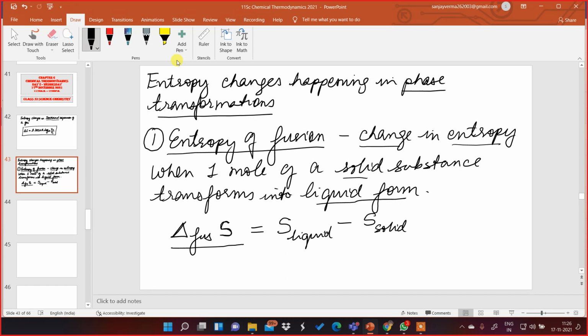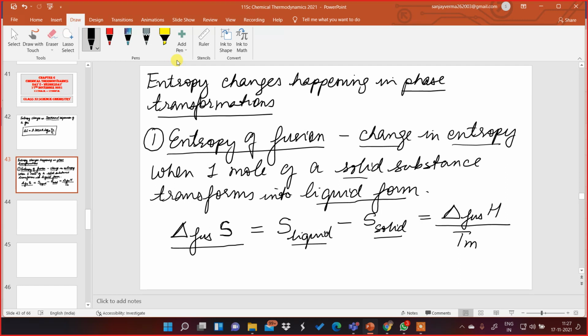This will be equal to, remember the formula, delta H fusion, enthalpy of fusion, divided by Tm, where T stands for the melting temperature of the solid in Kelvin.